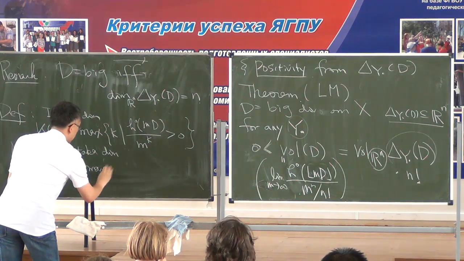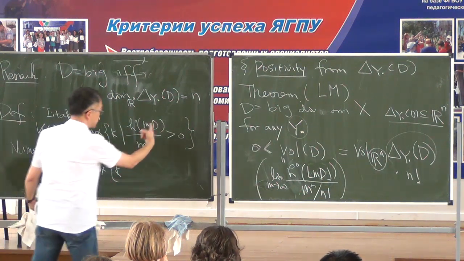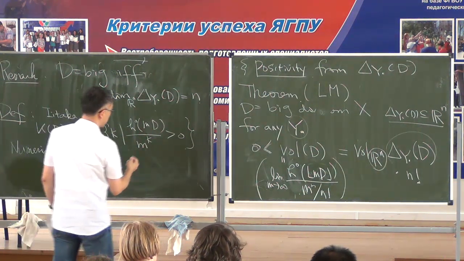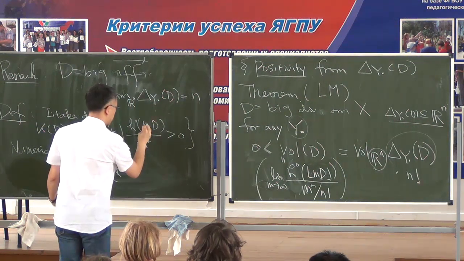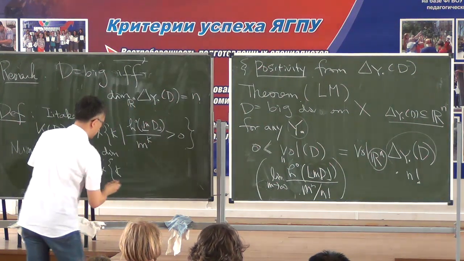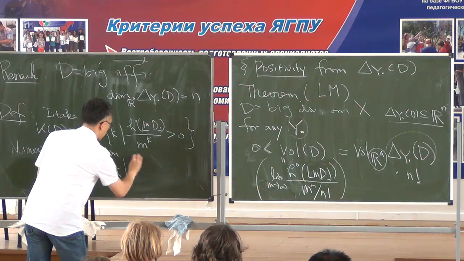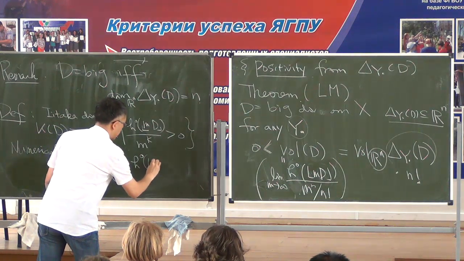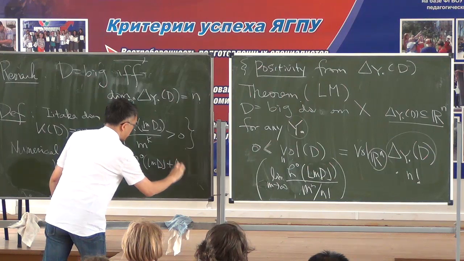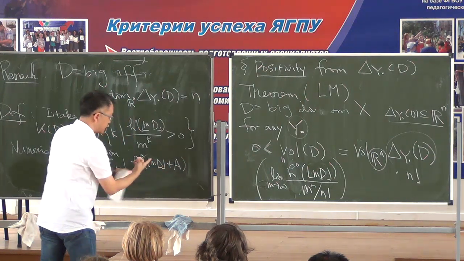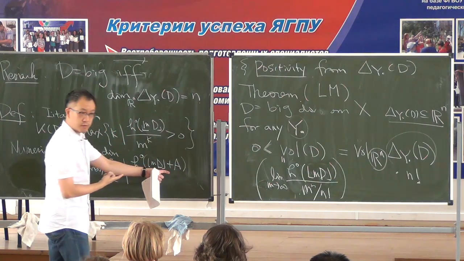is max. You modify this part a little bit. Okay, actually, so we are using Q divisor. So it's the limsup of h0(mD plus A) over m to the k. So A is some sufficiently ample Cartier divisor.